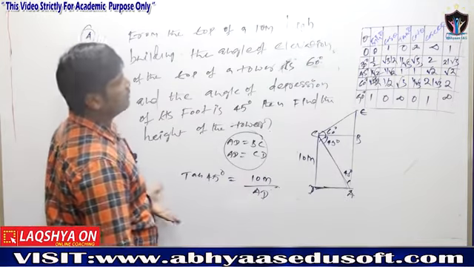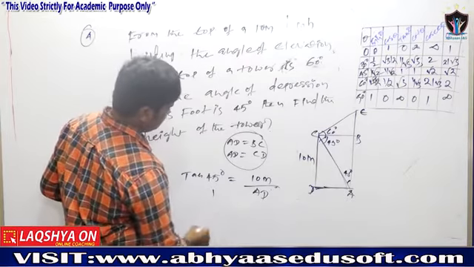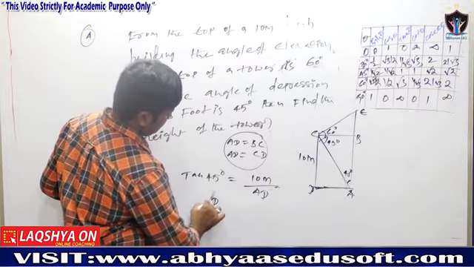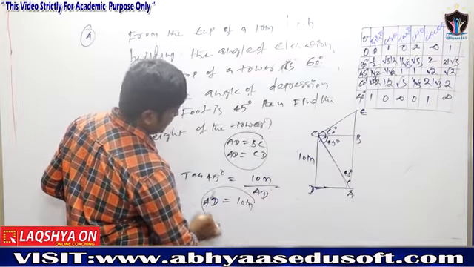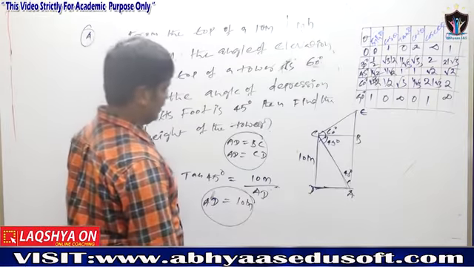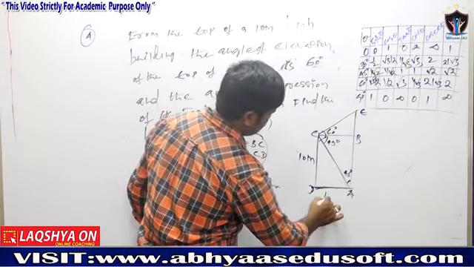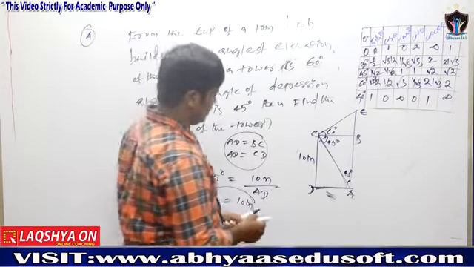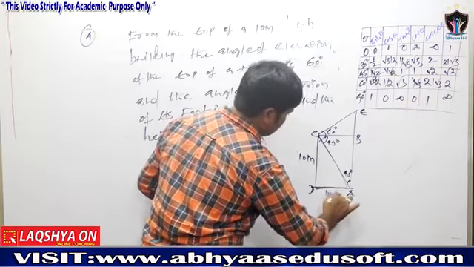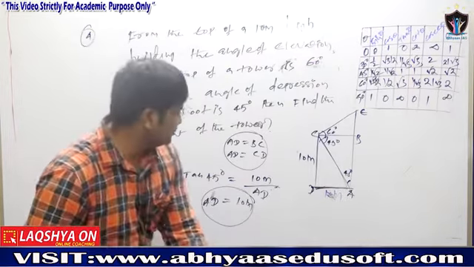Now tan 45 is equal to 1, so AD is equal to 10 meters. So this one is 10 meters. AD is equal to BC, as we have already seen.